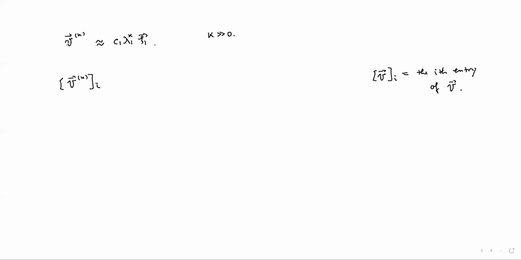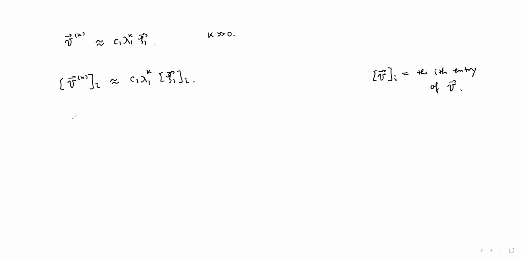Now consider the ith entry. i can be any integer between 1 and n because the length is n. So it is roughly C1 lambda 1 to the k times the ith entry of this eigenvector. Now I take a ratio of the iterate Vk and the previous iterate Vk minus 1.